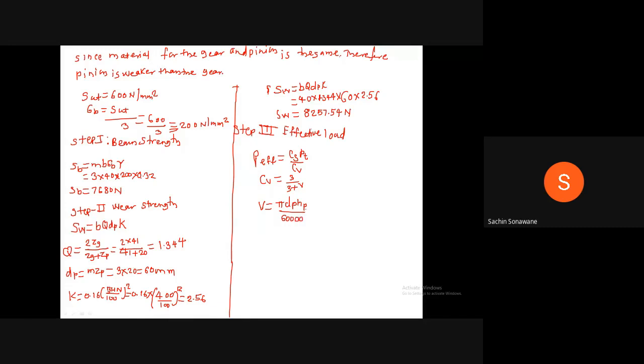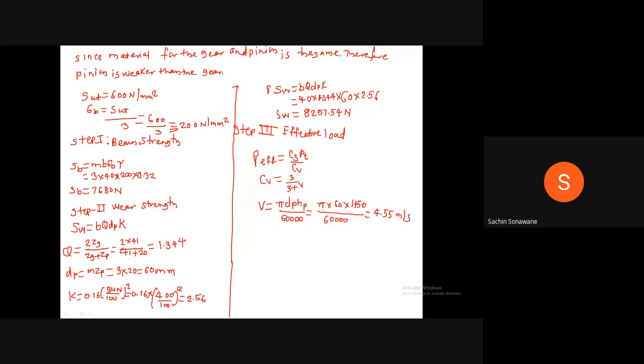Because we are going to substitute the value of dp in mm. So pi into 60 into 1450 divided by 60,000. In meter per second we get the speed: 4.55, yes, correct. 4.55 meter per second.